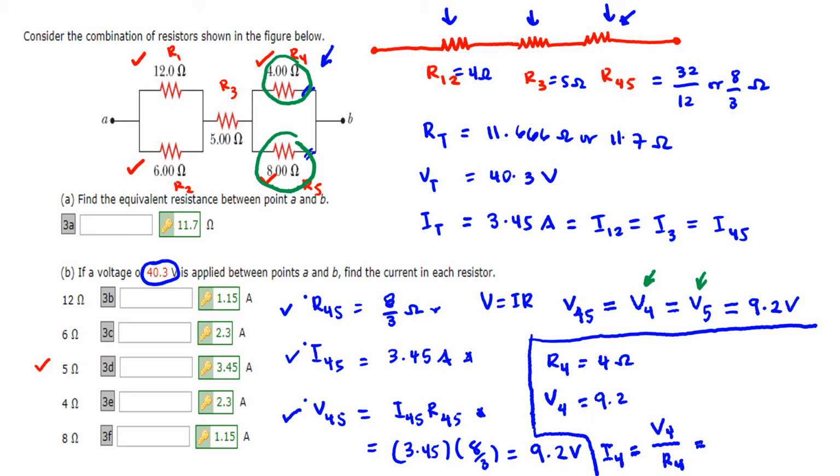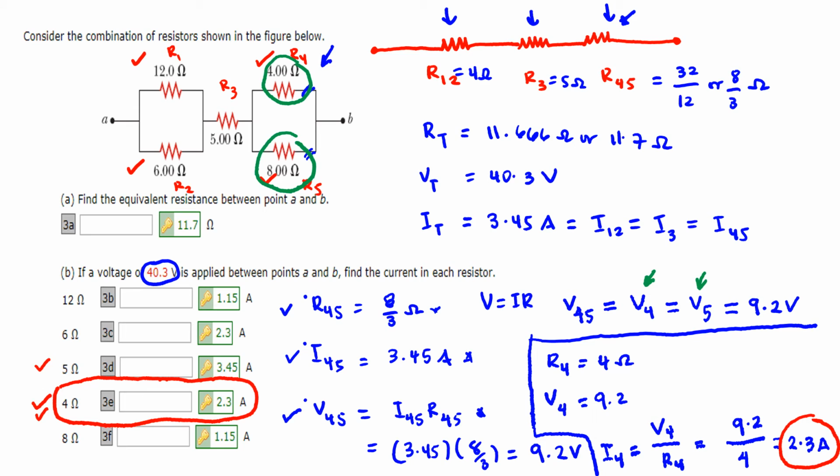So I will have 9.2, the voltage across the fourth resistor, divided by R4, which is 4 ohms, and that is equal to 2.3 amperes. If we look at the answer here, the 4 ohm resistor will have a current of 2.3 amperes.